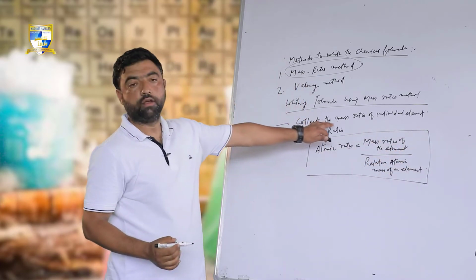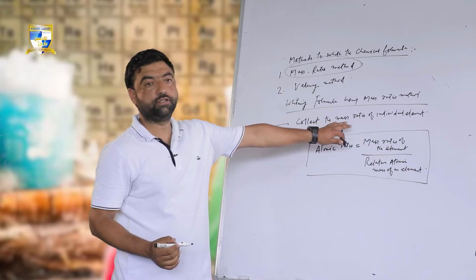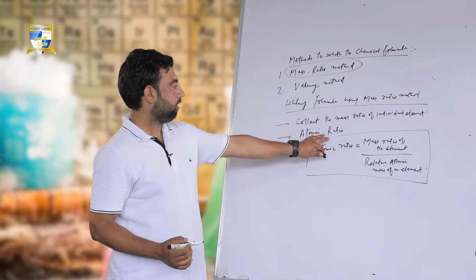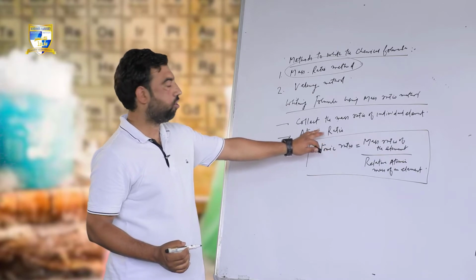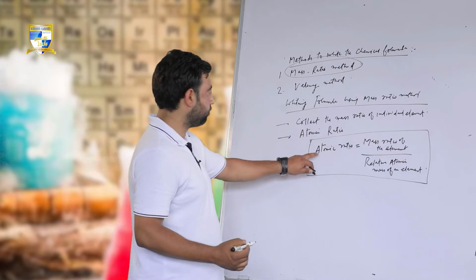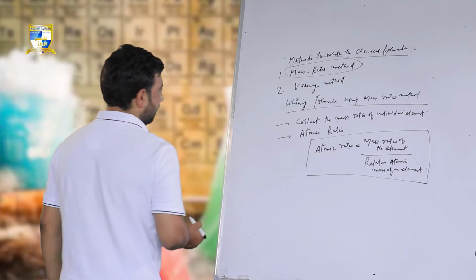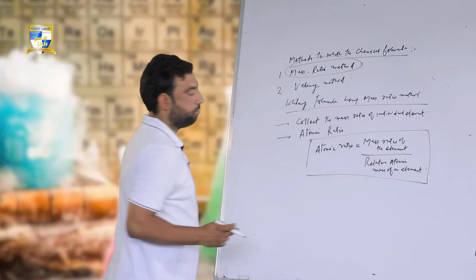First, we have to collect the mass ratio of individual elements. Then, we have to find the atomic ratio. And how to find the atomic ratio? Atomic ratio is equivalent to the mass ratio of the element divided by the relative atomic mass.